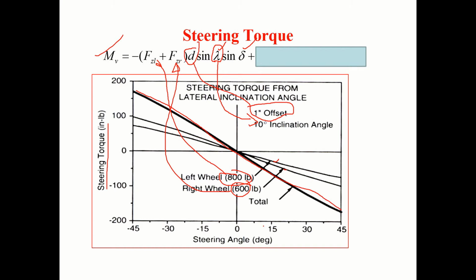So suppose steering angle is 15 degrees, then the steering torque is in inch-pounds. It can also be converted into Newton meters like this, in the counterclockwise direction. For minus 15 degrees, if you draw it, somewhere here you are going to get this value of the torque.